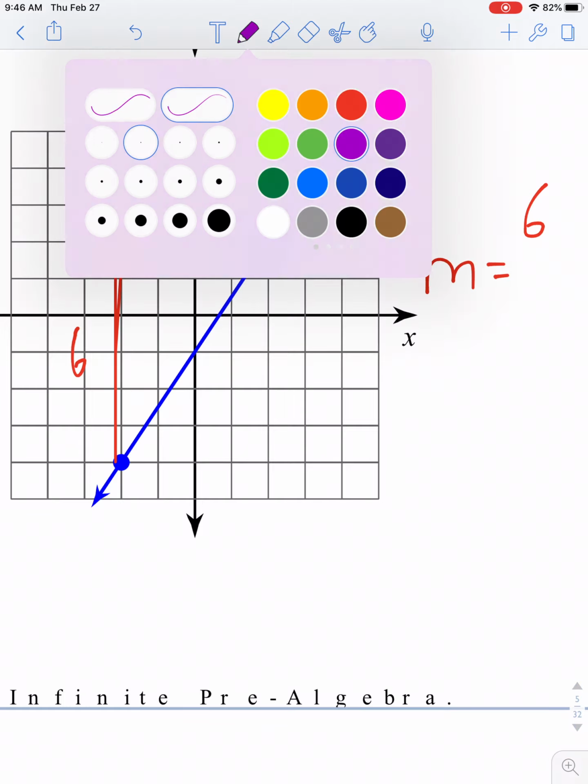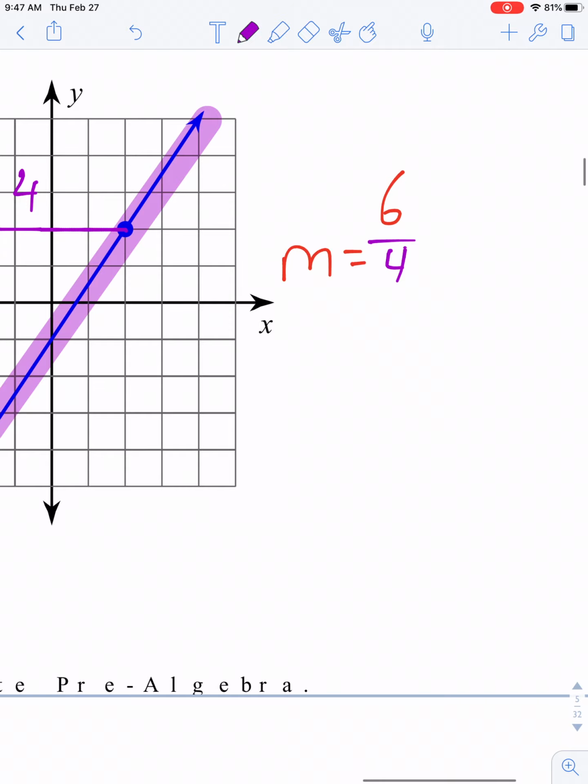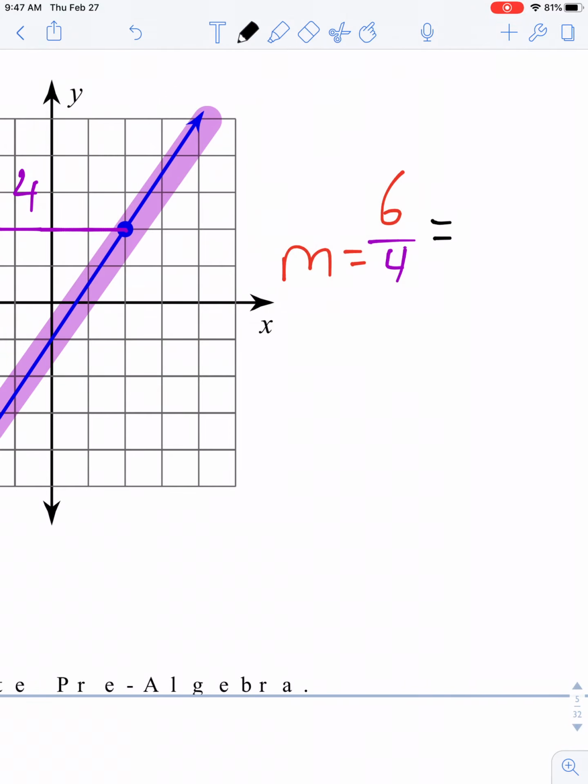And the run this time is 1, 2, 3, 4. Left to right, it is going up, so it's positive. But then we've got 2 even numbers, so this is actually going to reduce to 3 over 2. And so your slope is simply 3/2.